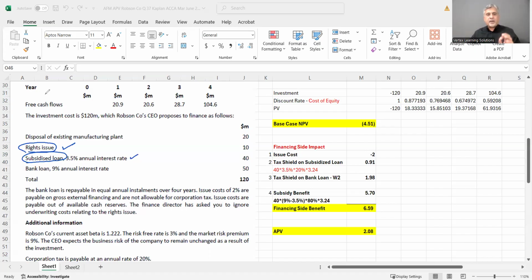If I speak about the rights issue of 10 million, number one factor you can write down, because they told you that they have already gone through a recent rights issue. So when you did it a year ago, and then you are coming back again to the shareholders and you say, please buy further shares and give 10 million.